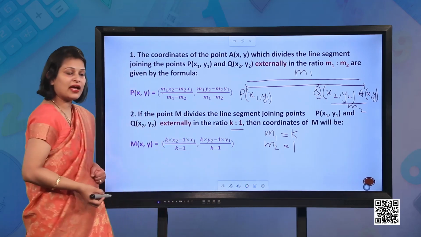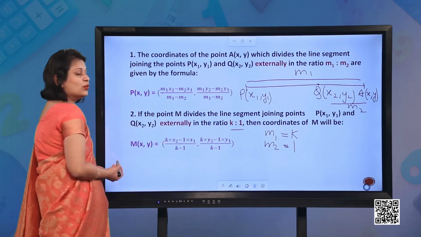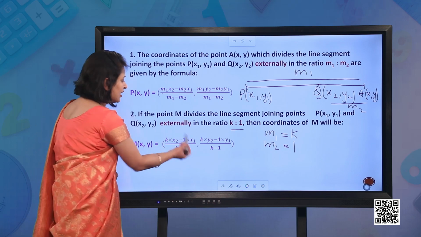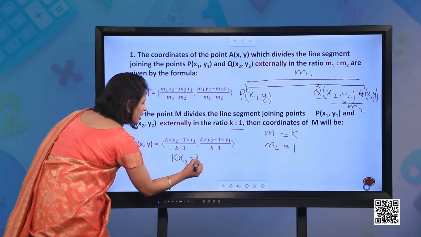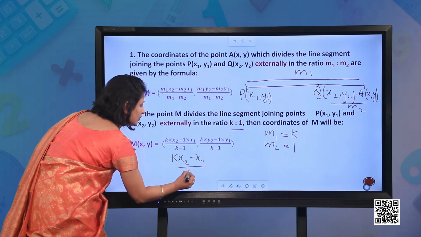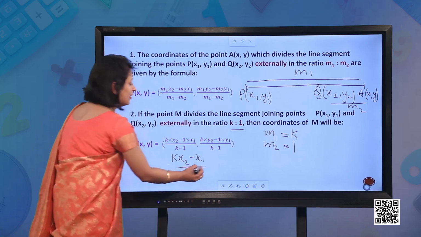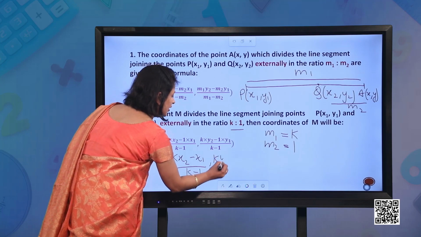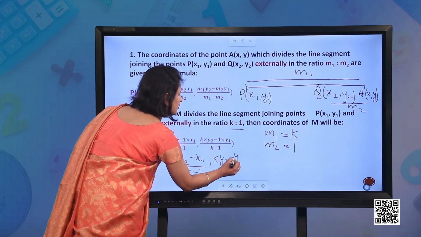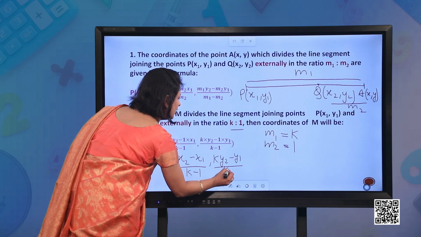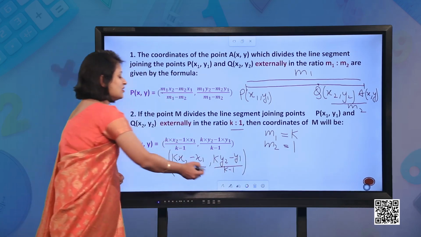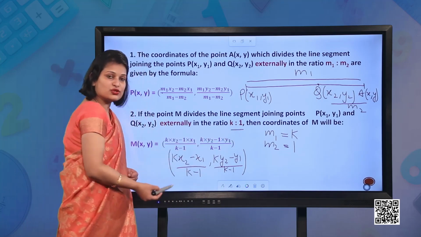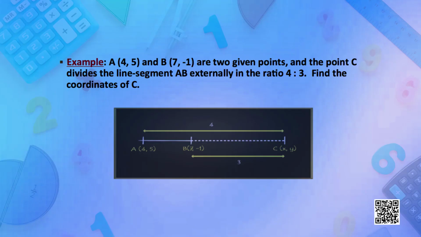You will get this formula as k x2 minus x1 upon k minus 1 and k y2 minus y1 upon k minus 1. So, this will be the section formula if the ratio becomes k is to 1. Now, we will understand it with the help of an example.